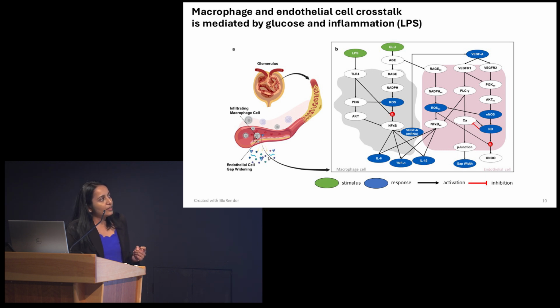So in our model, a vascular endothelial growth factor essentially activates the glomerular endothelial cells and causes changes in the nitric oxide levels within the endothelial cells, increased oxidative stress, and ultimately affects the intercellular junction integrity between two or more endothelial cells.